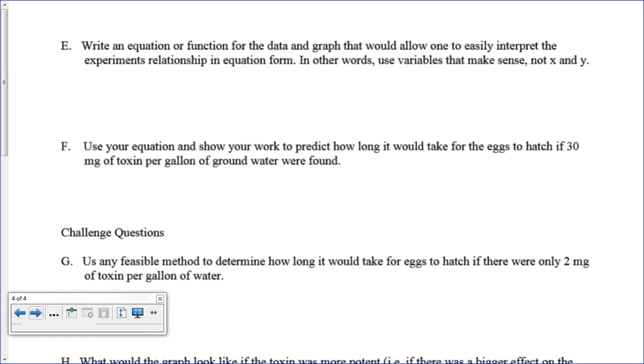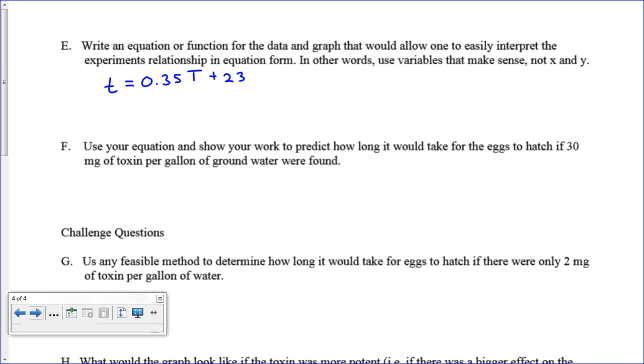All right, so we've got to write an equation here then. The y variable is the time to hatch. So I'll make that lowercase t equals the slope, that was 0.35, times the toxicity level, I'll make that capital T, plus the intercept, plus 23.